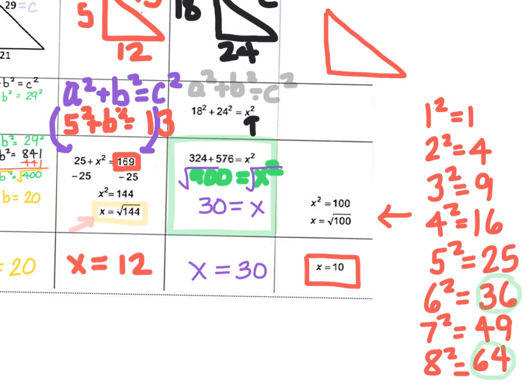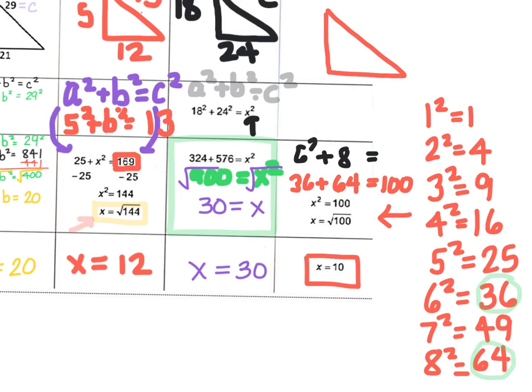So we can work backwards here. We know that 36 plus 64 equal 100. Well, let's work backwards some more. The square root of 36, going backwards, would be 6. The square root of 64 would be 8.